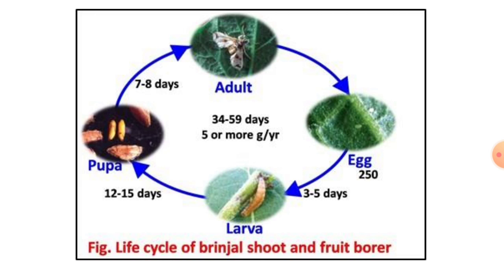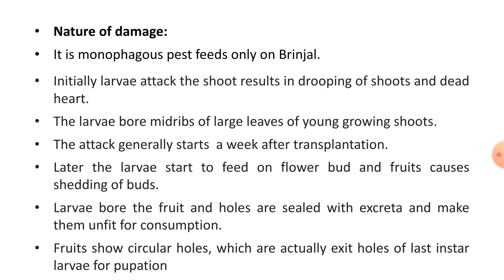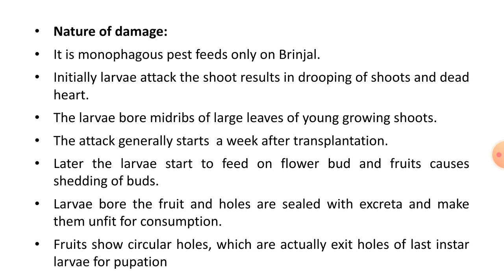Now come to nature of damage. Initially, larvae attack the shoot, resulting in drooping of shoots and dead hearts. Actually, it is a monophagous pest. Feeds basically only on brinjal. The larvae bore midribs of large leaves of young growing shoots.